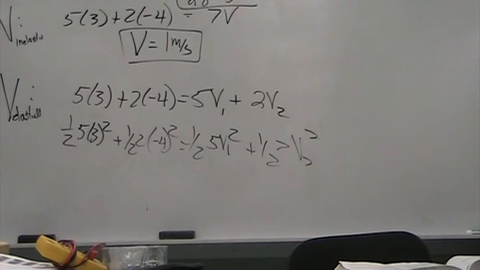16, A is 1.7... B is 1.7. 18, 7.5 meters per second. 20 is 9.5 percent.